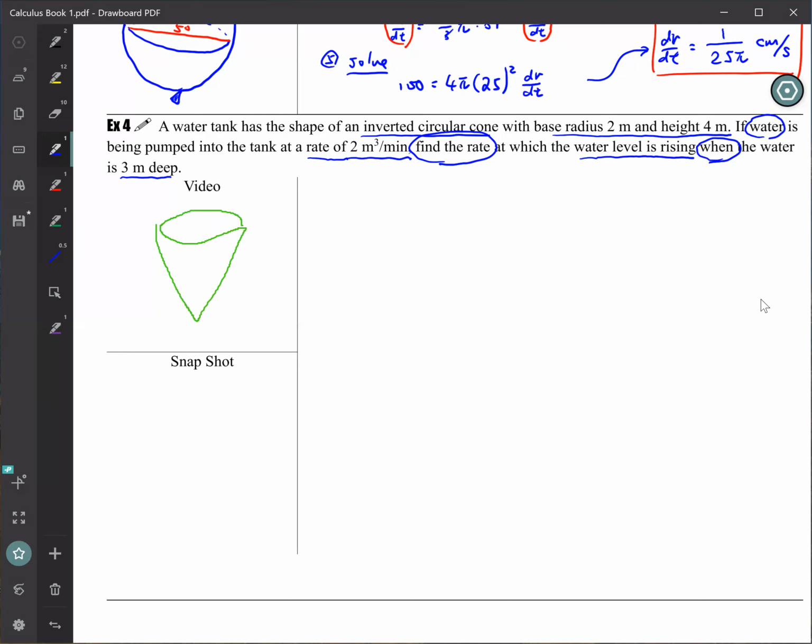Where's the R? Wait, I'll try to draw it. Yeah. So can you tell me where the variables are and where the numbers are? Okay. Do you want me to draw it? Yeah, yeah, yeah.